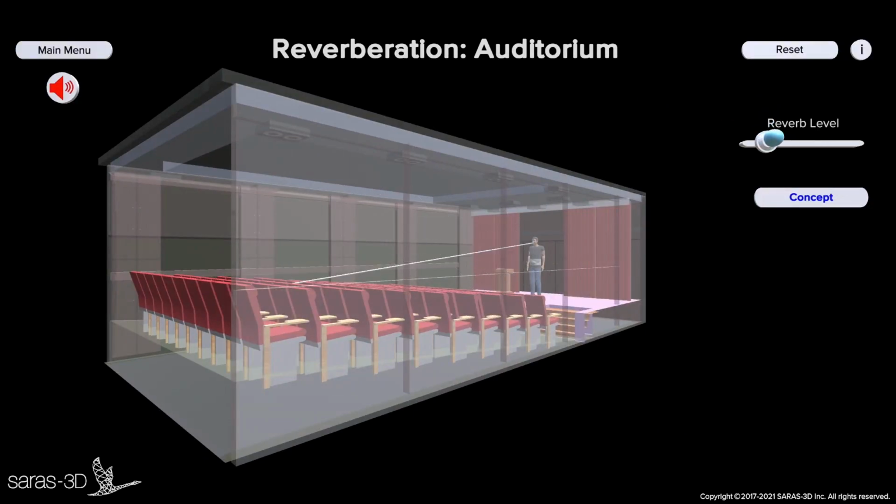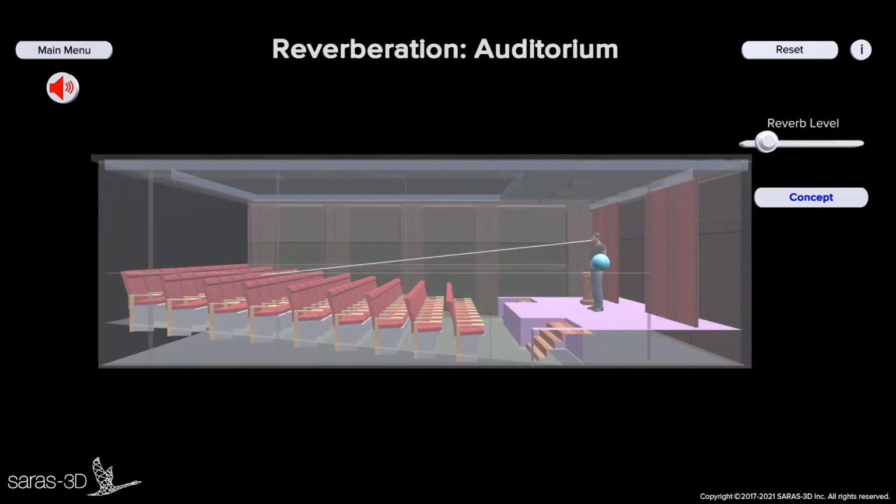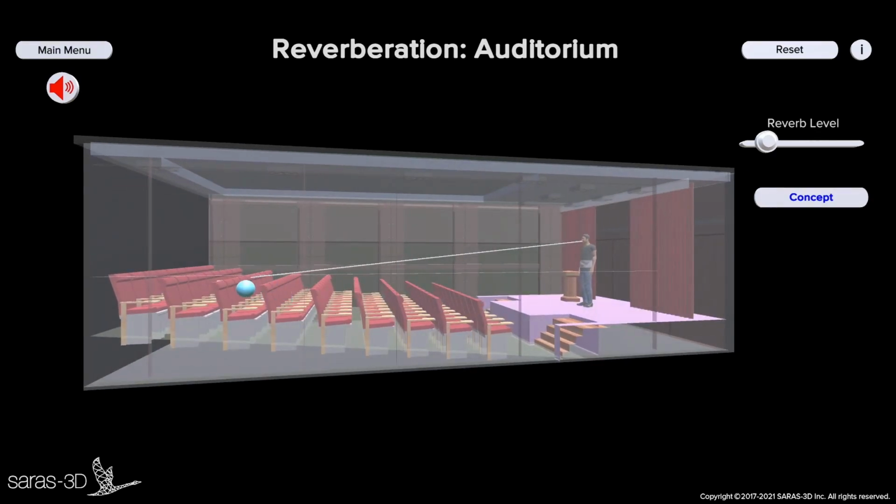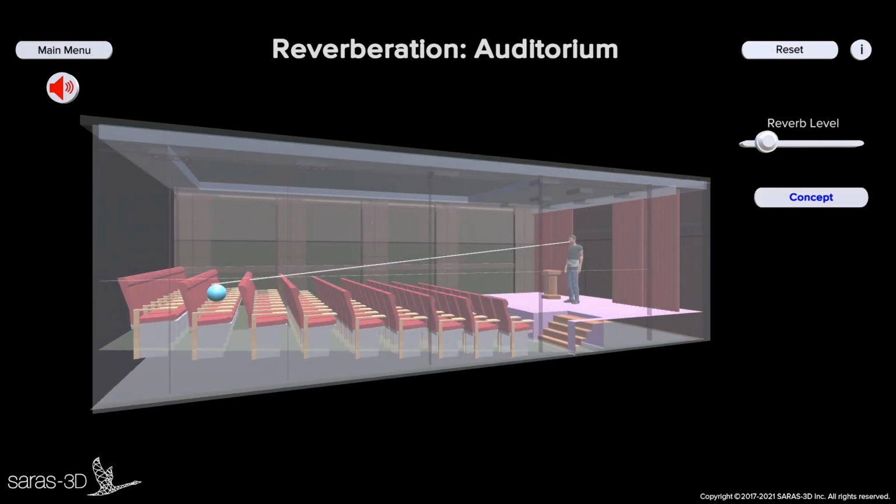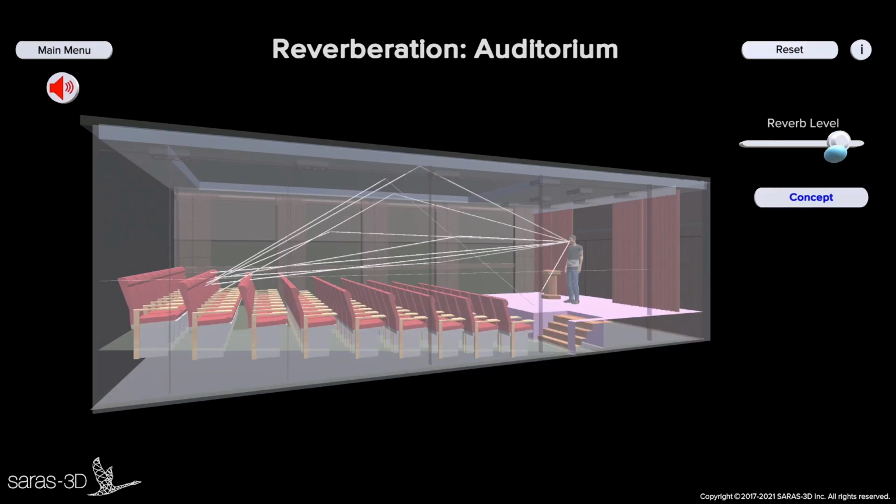As you can hear right now, the speech of this person is clearly audible to an imaginary person sitting here. That is because the sound is directly incident on this point. Now suppose I increase this particular slider control, and you can see that sound is now reaching the same point not just directly, but along with the direct sound also due to multiple reflections.